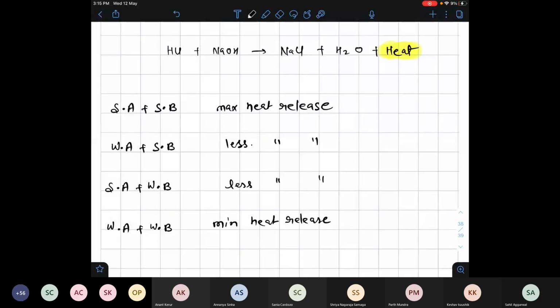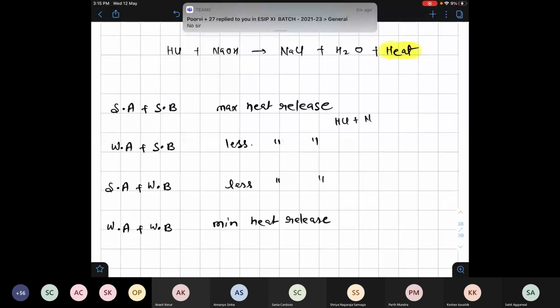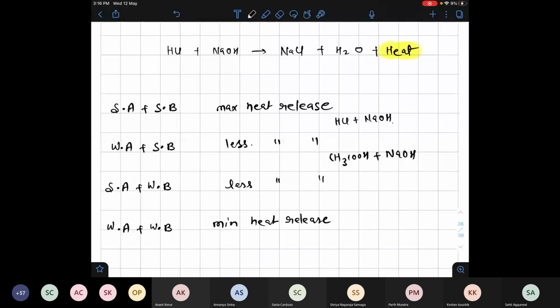Any doubt till here? Arnav, your messages are coming late.